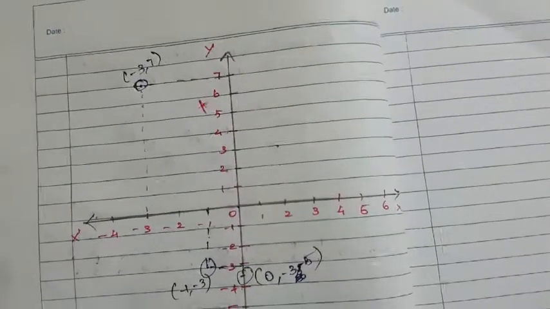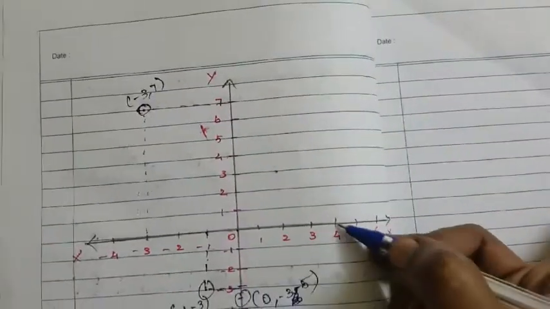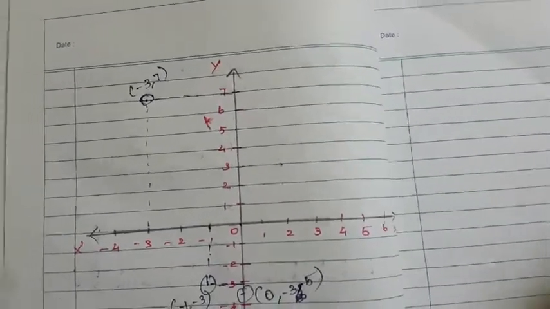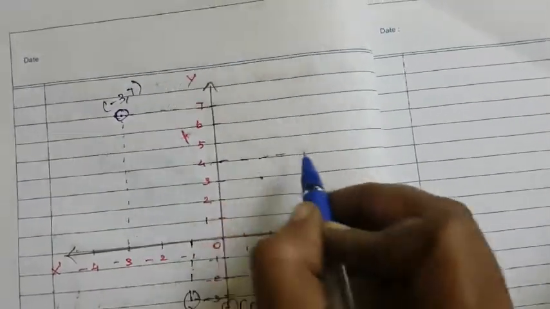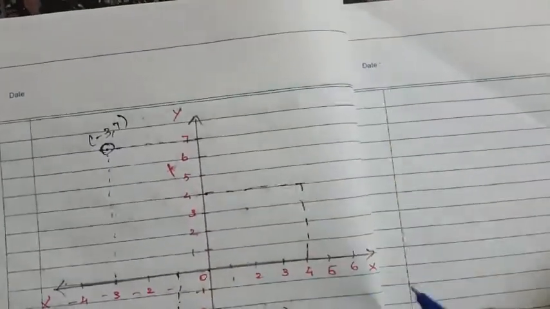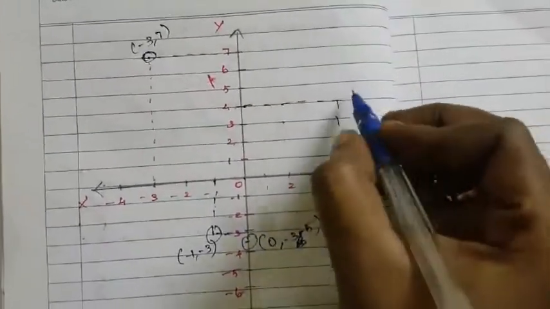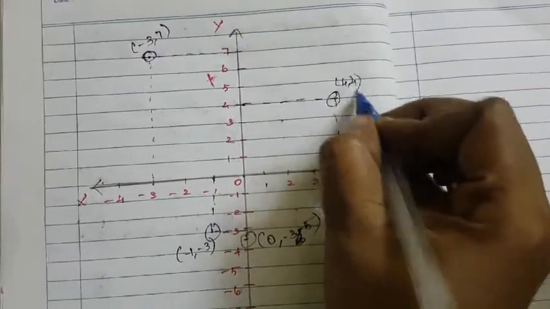Then the next point is (4, 4). So 4 from the x-axis and 4 from the y-axis. So this will be like this. I am drawing by hand, but whenever you are drawing, please use a scale. So here it is (4, 4).